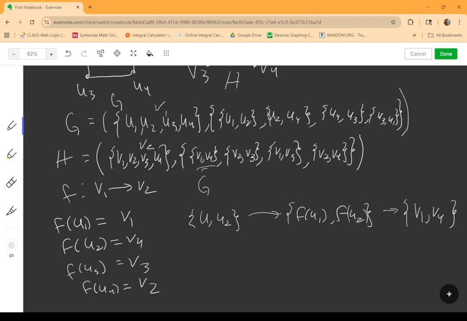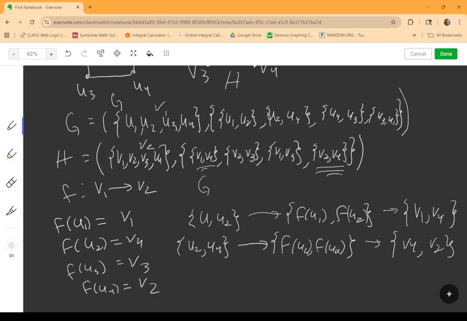Okay, and then let's take a look at another edge. We have U2, U4. Through our function, that would be F of U2, F of U4, and that would be the corresponding edge V4, V2. And we see that's right there.